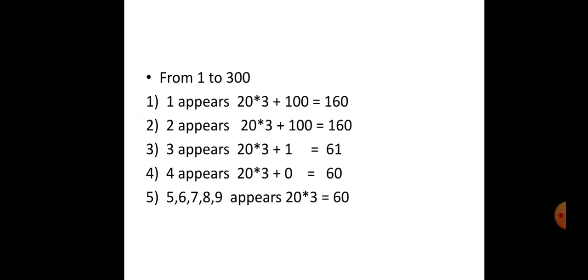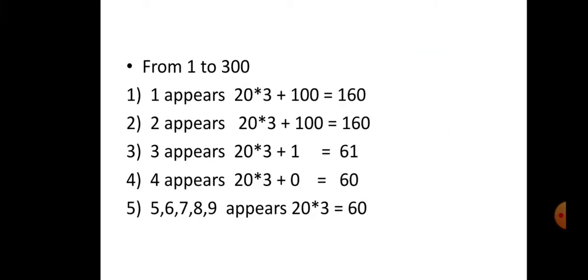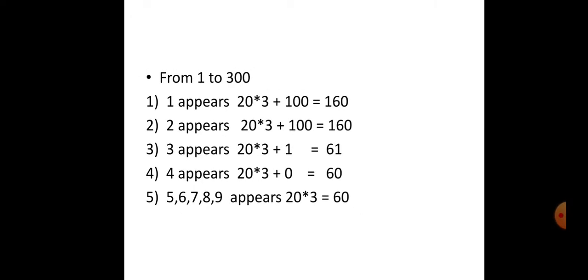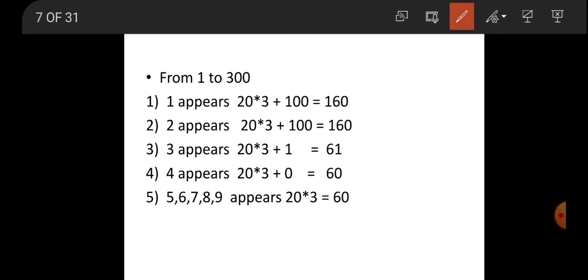Now let us see this table. The digit 1 appears 160 times. The digit 2 also appears 160 times. But the digit 3 appears only 61 times, because our last number is 300. In 1 to 100, 3 appears 20 times.